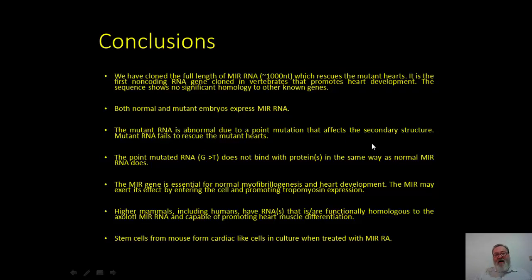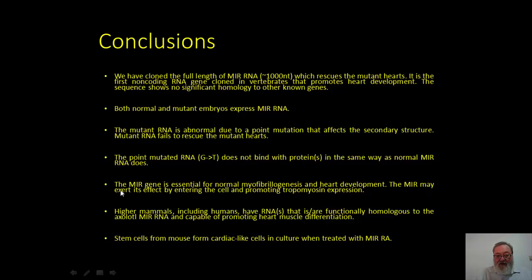With that, we were able to conclude that we've now cloned the full length of the MIR RNA. I didn't illustrate that to you, but it's about 1,000 nucleotides. Both the normal and mutant embryos express the MIR. We found that out. The mutant RNA is abnormal due to a point mutation that affects secondary structure. The point mutated RNA does not bind with proteins in the same way as normal.